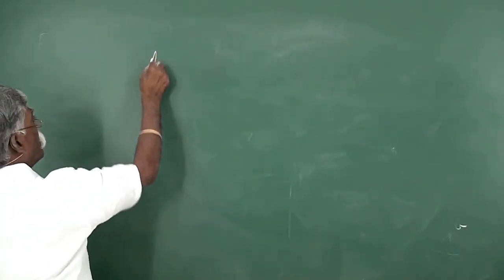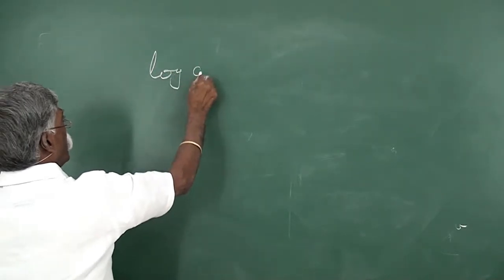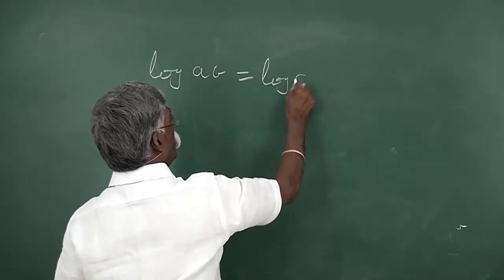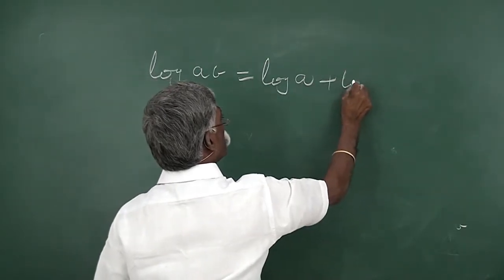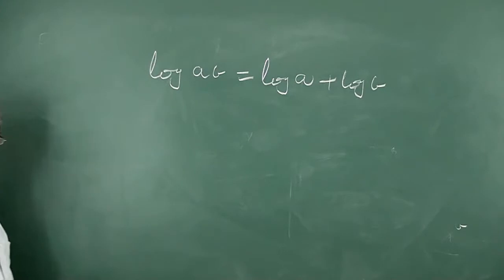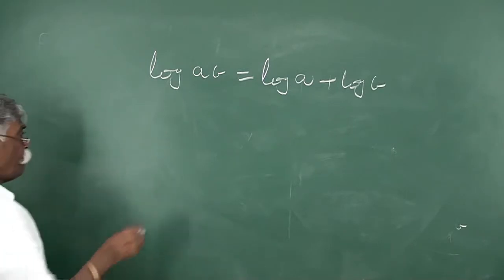Now, therefore, log AB is equal to log A plus log B. We are not writing any base, therefore we can accept them to be Neperian logarithms.